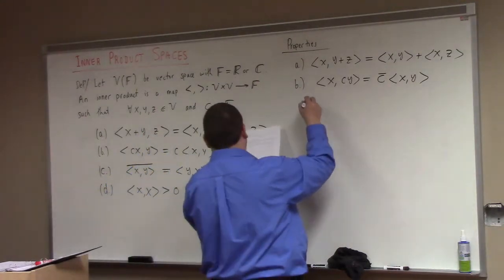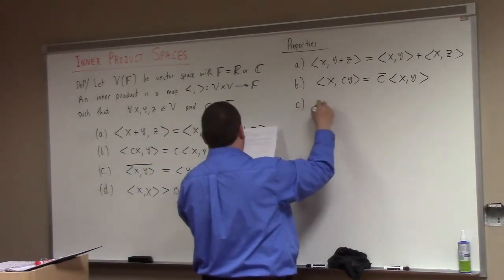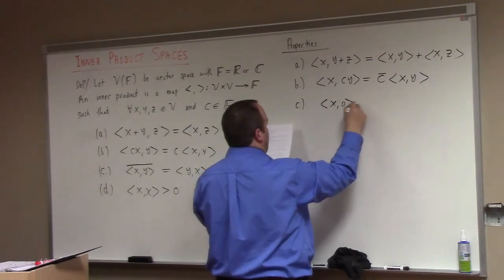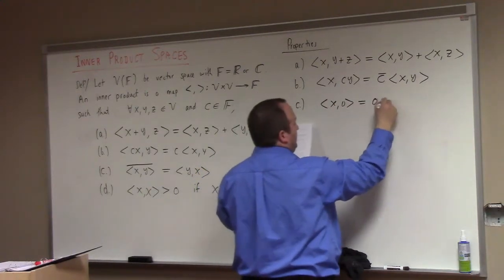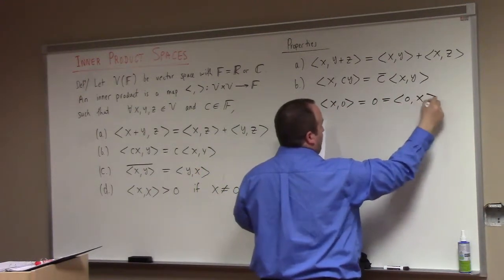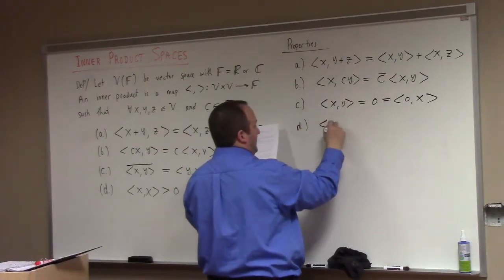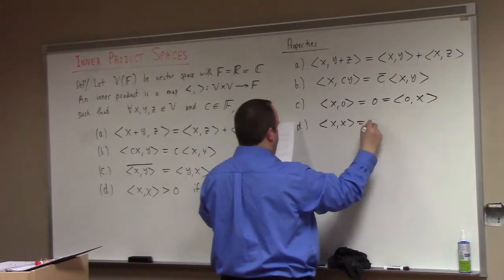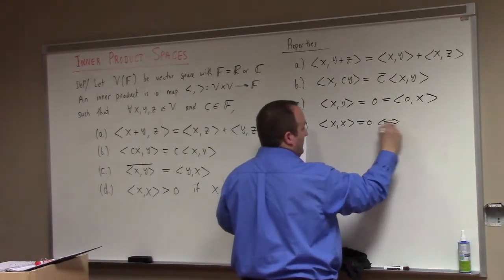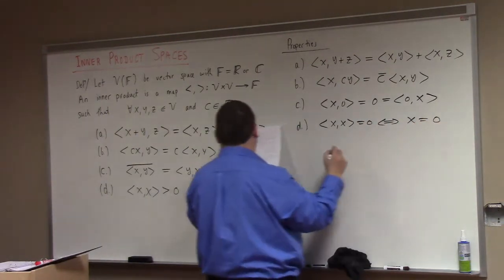C: the inner product of x with 0 is equal to 0, which is, by the way, also equal to the inner product of 0 with x. D: we have the inner product of x and x is 0 if and only if x equals 0.